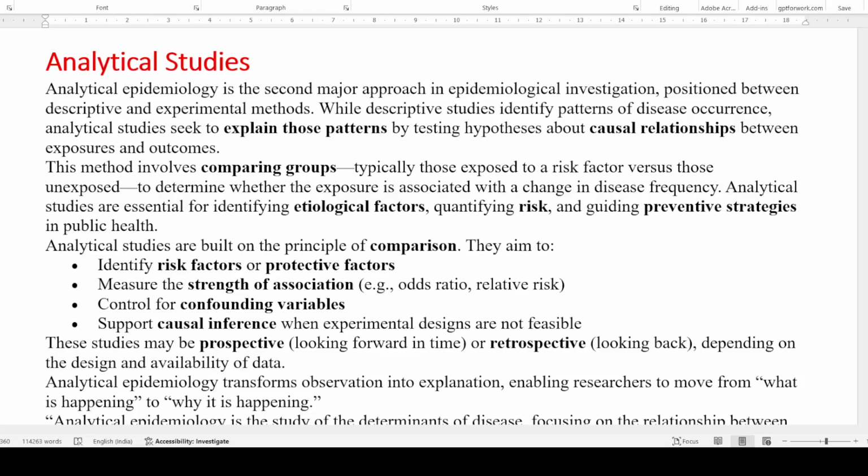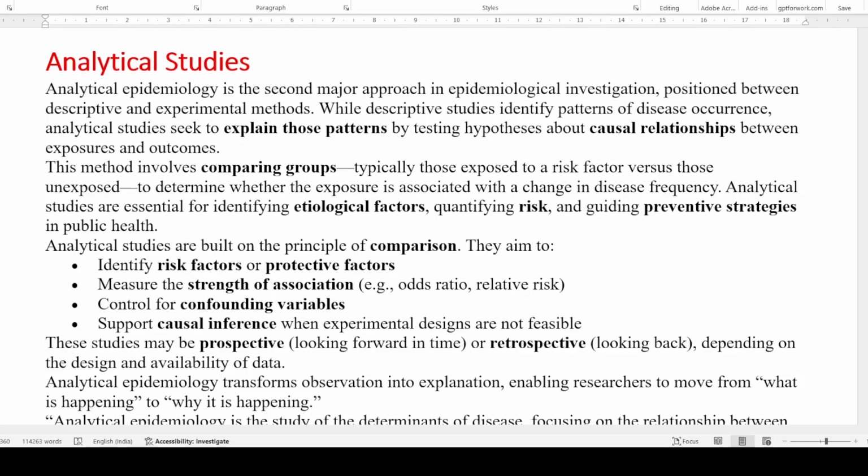So, the analytical epidemiological approach or investigation is positioned between the descriptive and experimental methods, right? While descriptive studies identify patterns of disease occurrence, analytical studies seek to explain those patterns by testing hypotheses about the causal relationship between exposure and outcome.